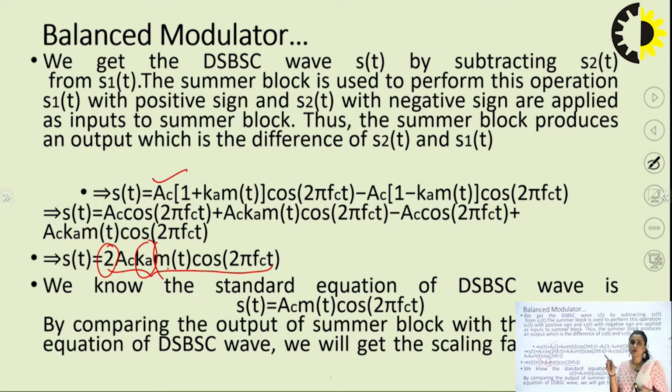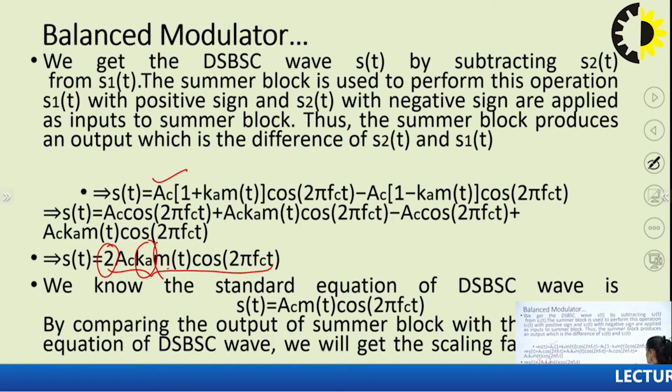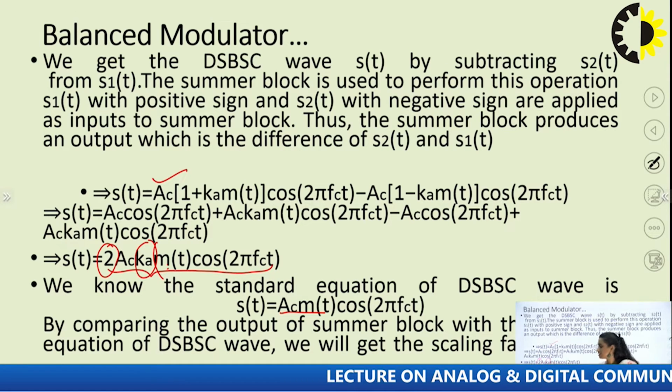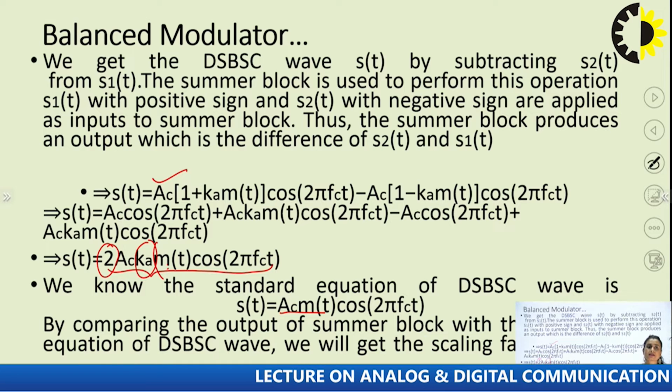That will only be affecting the amplitude level, the magnitude value. The rest I can see is multiplication of two cos waves, which will give me side waves only, that is upper sideband and lower sideband, right? We know that the standard equation of DSB SC wave is this. Only here it is getting multiplied with some coefficient that will be affecting only the amplitude of it.